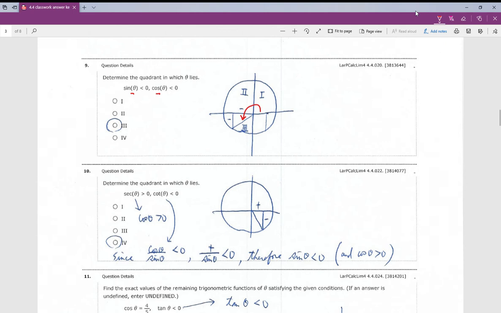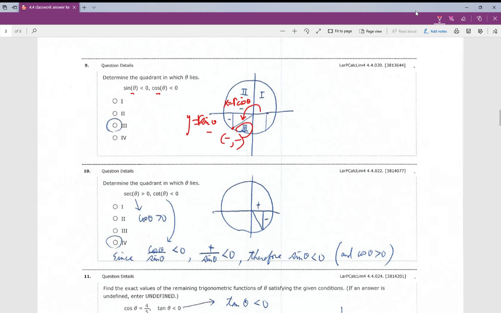Now we understand that if you have an angle, this is sine theta, and this is cosine theta, or this is y, this is x, if you multiply with r. Now, r is always positive. So, if you want sine theta negative and cosine theta negative, meaning x and y both negative, then it should be in the third quadrant.